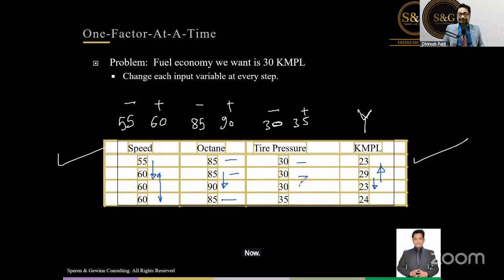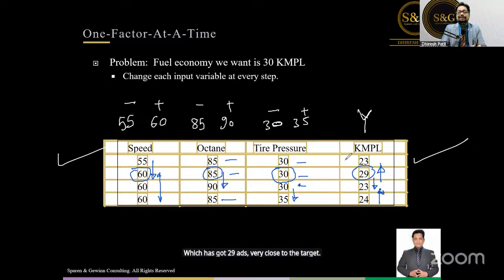Then they increased the last factor, tire pressure, from 30 to 35, and they got some kind of improvement from 23 to 24. So they have got the best rating, which is 60, 85 and 30, which gives 29, very close to the target.